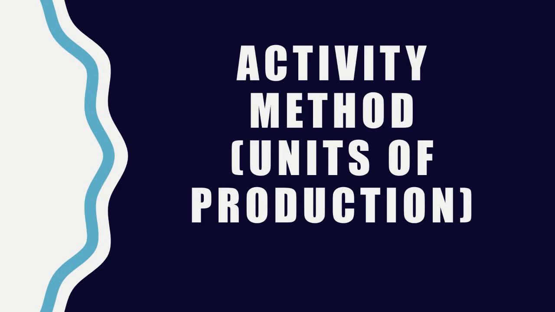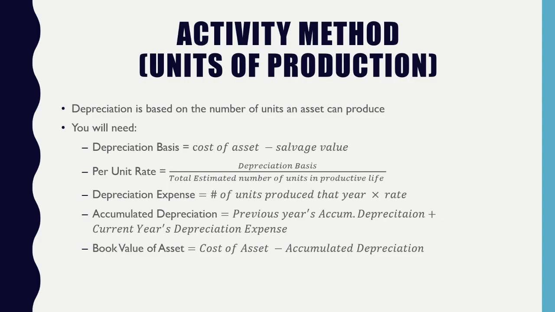So here we are at the activity-based method, also known as units of production. As I've mentioned before, activity-based is depreciation that is based on how much the machine, or whatever the asset is, can produce.